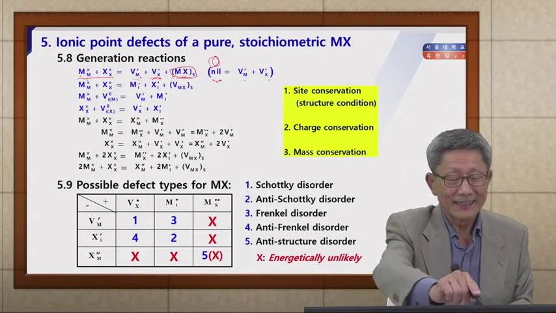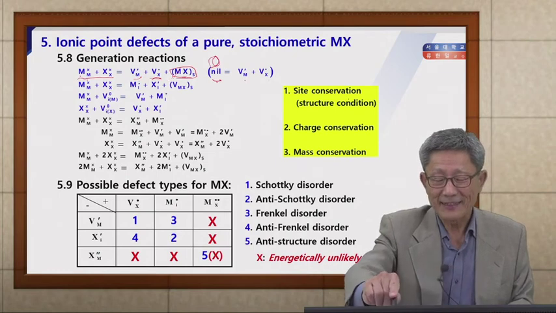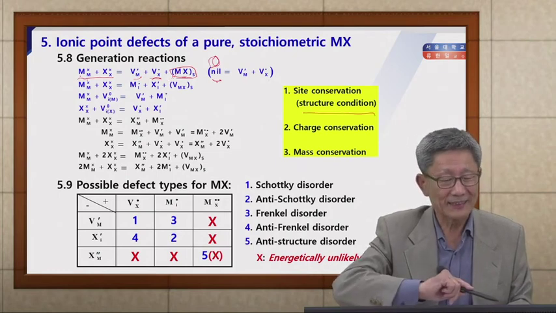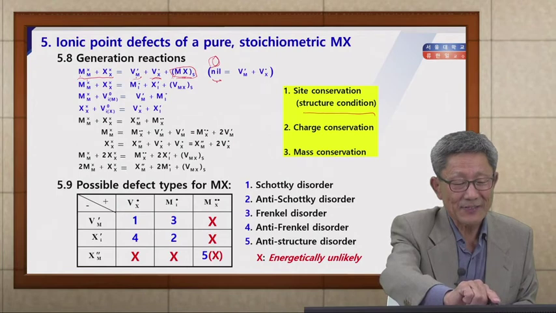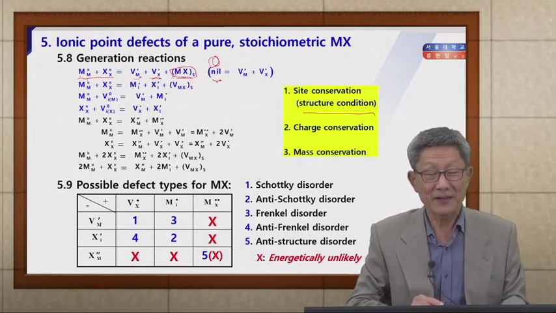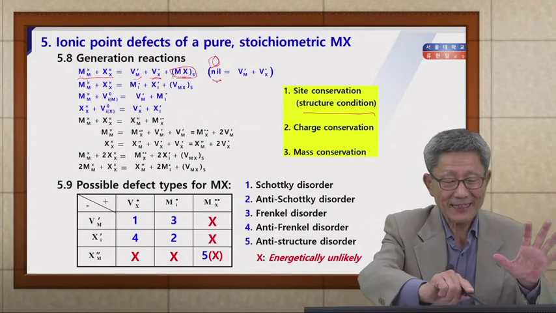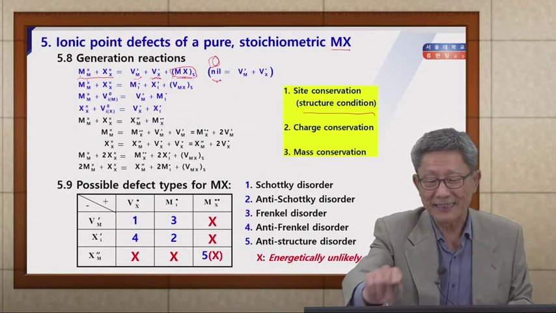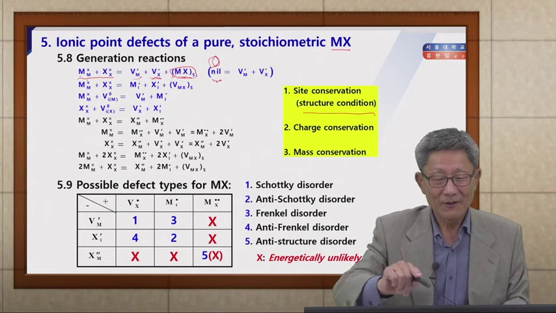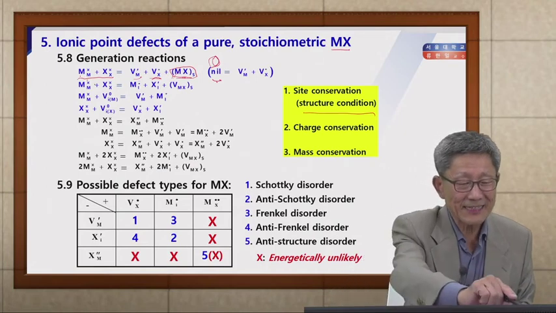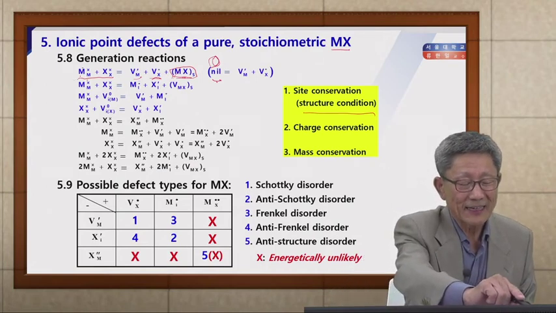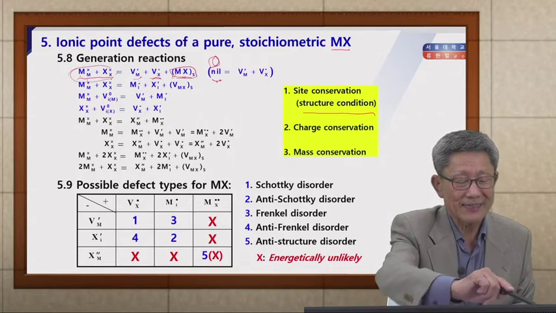Now check whether the structure condition is satisfied. Yes, one anion site and one cation site defect are generated. So the site ratio is 1:1 because our lattice is a 1:1 lattice. What about charge conservation? Yes, on the left-hand side, the charge is 0.